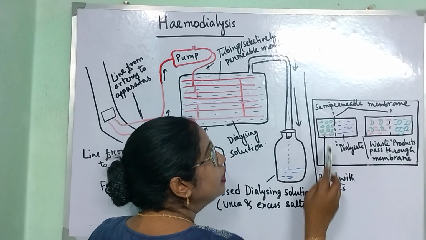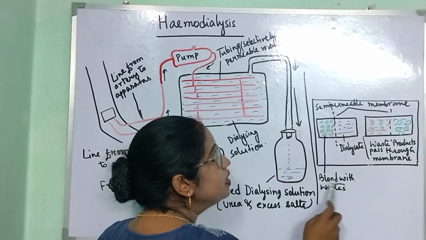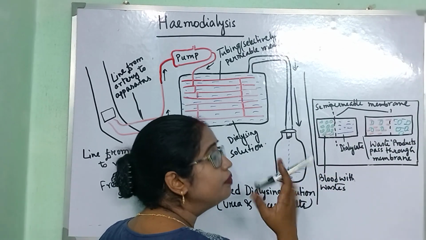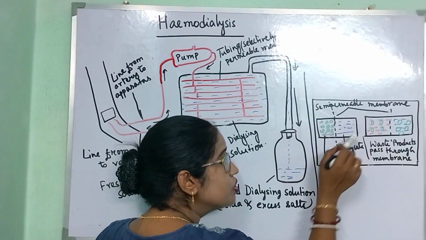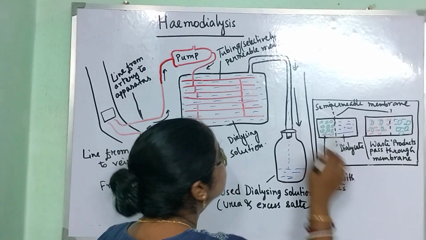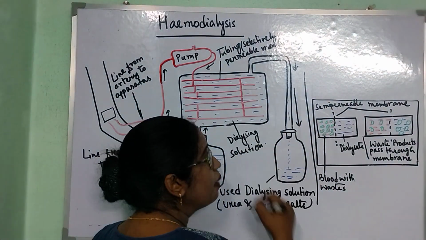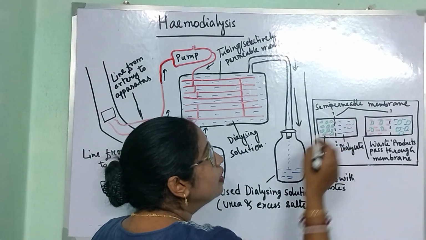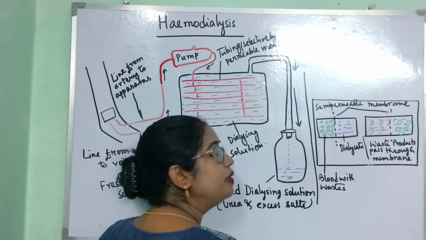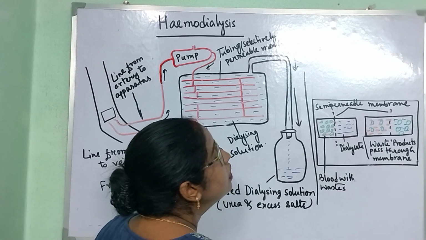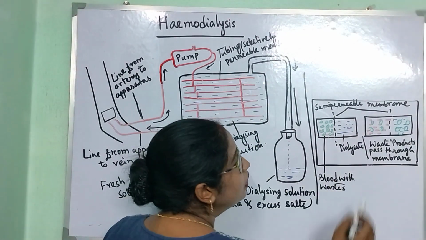What happened is the blood that is taken out from the artery contains too much waste, and when it comes closer to the dialysate, or dialyzing solution, that is present in this apparatus, which has a semi-permeable membrane lining in between the tube lining and the dialysate solution.